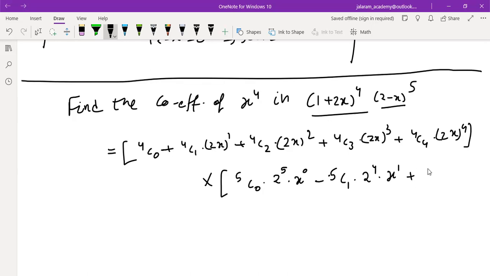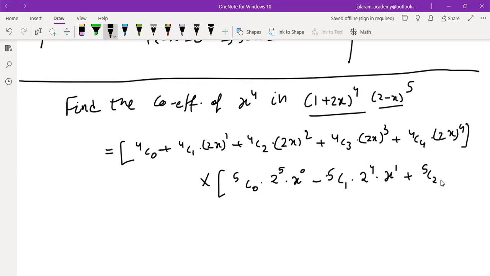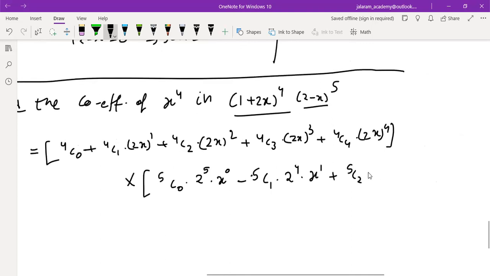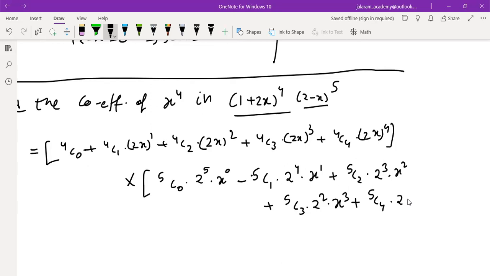The next is plus 5c2 2 cube into x square plus 5c3 2 square into x cube plus 5c4 2 into x to the power 4 and finally 5c5 into x to the power 5.